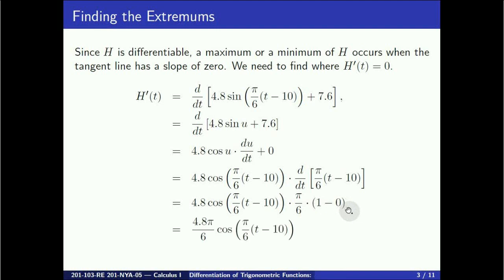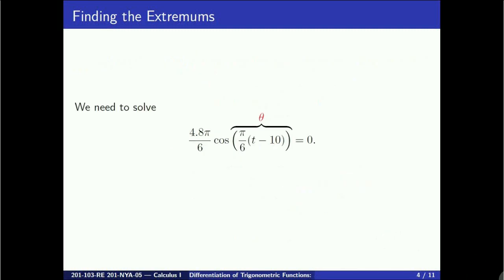So overall, regrouping our constants together, we get 4.8 times pi over 6 times the cosine of pi over 6 times (t minus 10). And this is what we need to equate to 0 in order to find where the function has maximums and minimums.